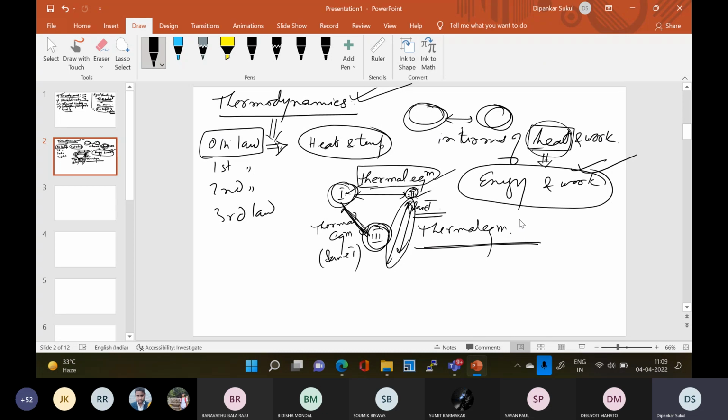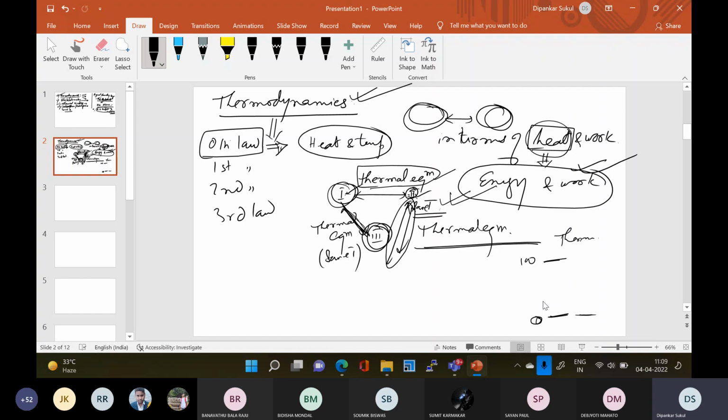So this is the concept, and using this concept, the thermometer has been devised. In a thermometer, the levels are 0 and 100 in the Celsius scale; in Fahrenheit it is something else. But whatever it may be, that scaling has been done following this 0th law concept. When your mercury column is in contact with ice, that is, thermal equilibrium has been maintained, the particular position of the mercury column is designated as 0.